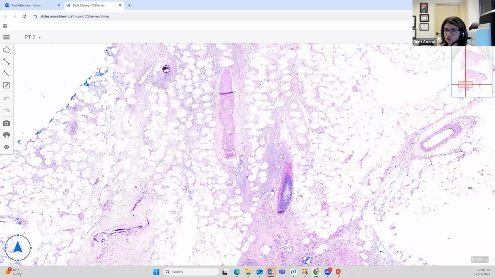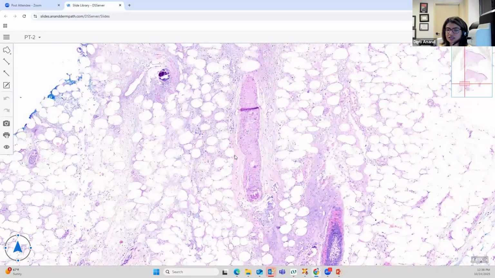Like, for example, when we talked about palisaded granulomas, we looked at the quality of the destroyed collagen, right? How it looks. If it looks fibrinous, you think about rheumatoid nodule. If it looks sclerotic, you think about NLD. If it looks more loose and with mucin, then you think about GA. Similarly, the pattern of cell death in the fat will help you recognize the kind of lobular panniculitis it is.